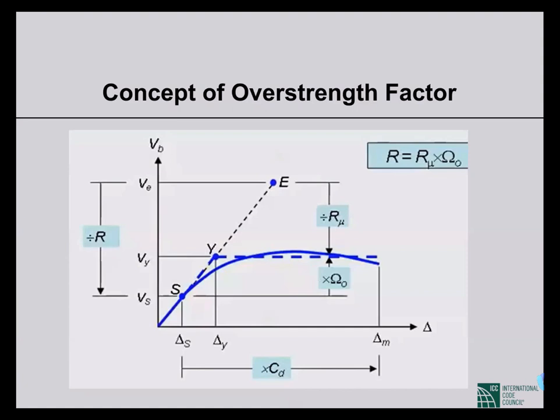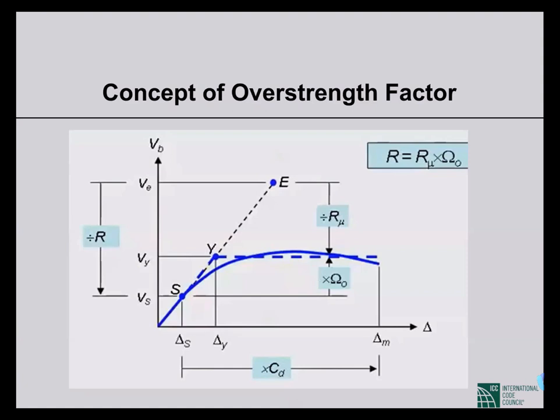So you see, we have to ensure the strength, but at the same time we cannot make it too stiff. We want to make it ductile and flexible. So two different things. We want the structural fuses to be ductile and flexible, and at the same time we want them to sustain at least the force level up to Vy.